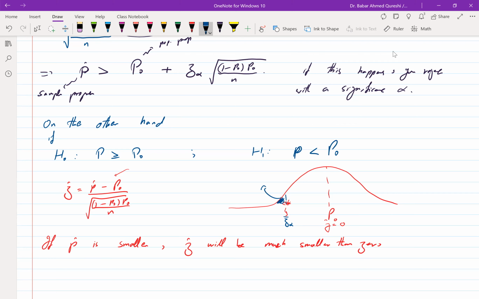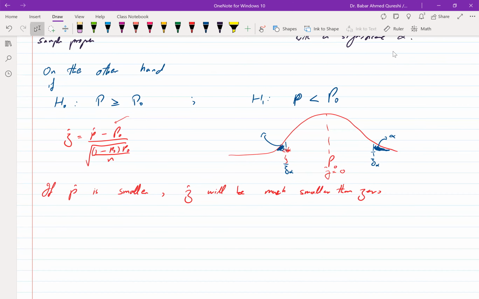But I know this would be the same because of the symmetry as z alpha, where this area is alpha. So I can just use that notation, and this is equal to minus z alpha. This number lies on the other side at the same distance from the central value.